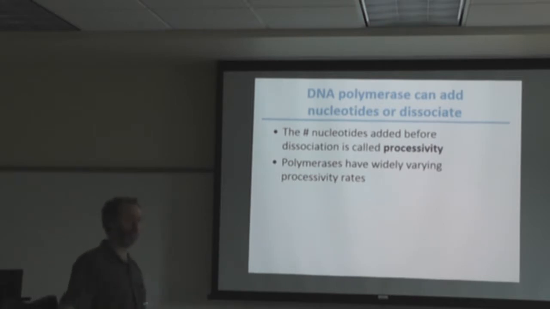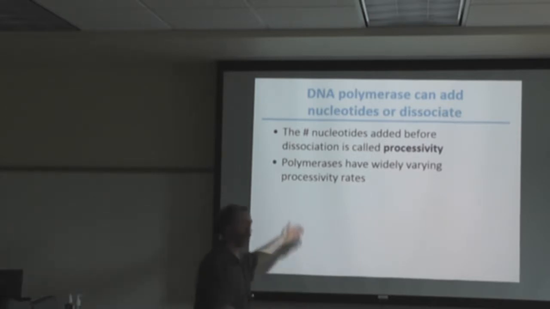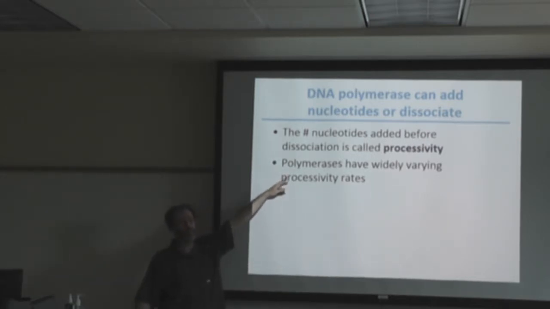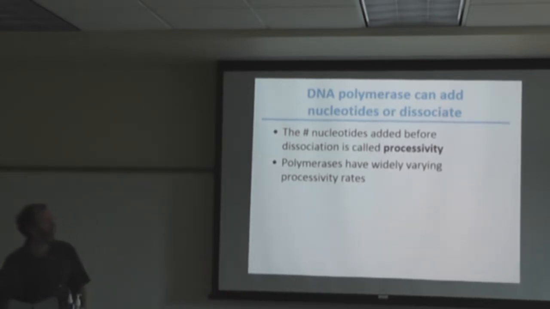You have lower processivity DNA polymerases also, and those are typically involved in DNA repair or getting rid of the RNA primers and the Okazaki fragments and replacing them with DNA. So polymerase has widely varying processivity rates.